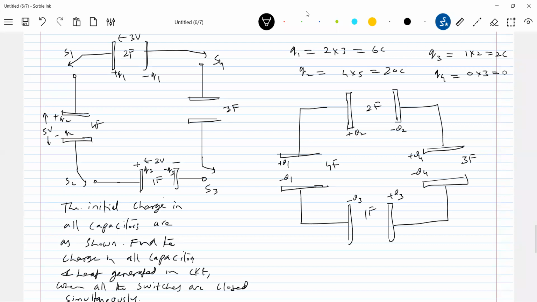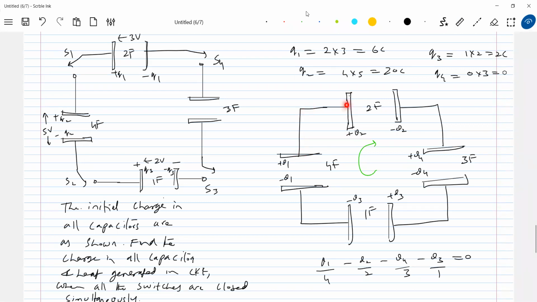So first let me go for the loop equation. This should be the loop equation: Q1 by 4 minus Q2 by 2 minus Q4 by 3 minus Q3 by 1 equal to 0. This is one equation. We need a few more. So I'll look at this particular plate. The charge of these two plates must be conserved, no?